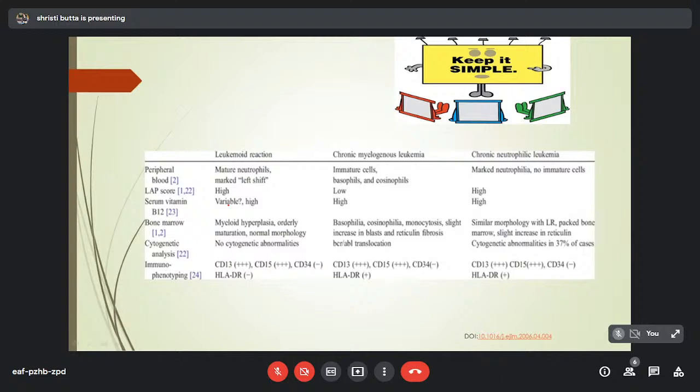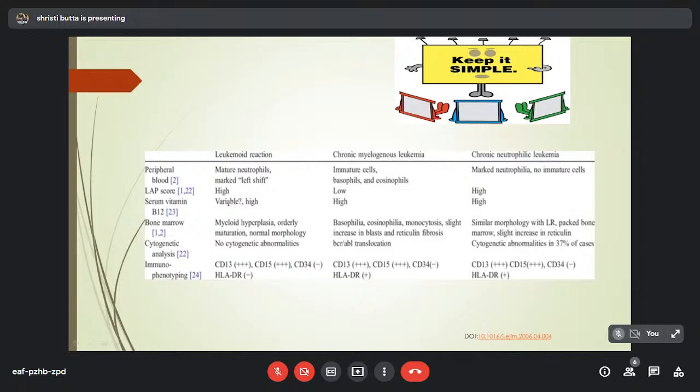Now, when we sum it up, we have a leukemoid reaction which predominantly shows mature neutrophils with a marked left shift. Okay, whereas a CML shows, besides the immature cells, basophils as well as eosinophils. A chronic neutrophilic leukemia shows a marked neutrophilia.